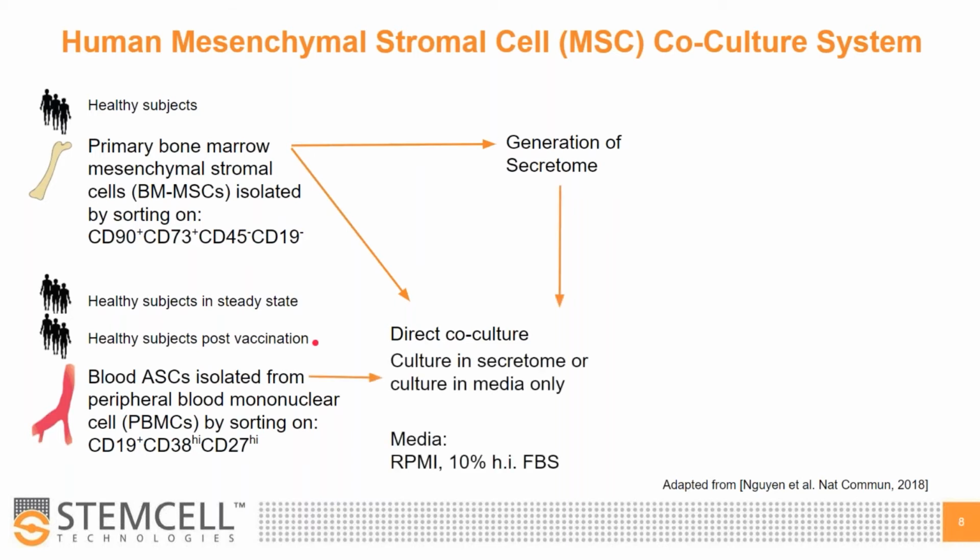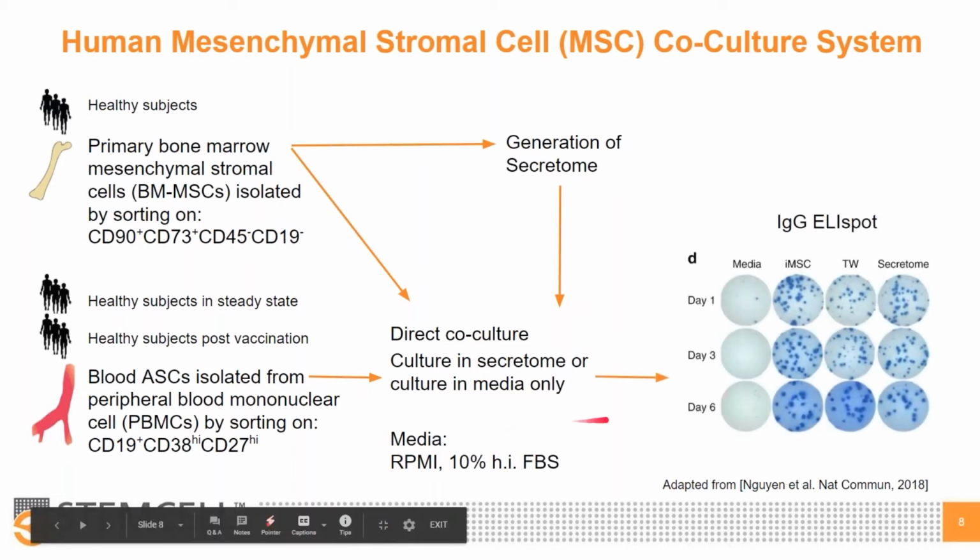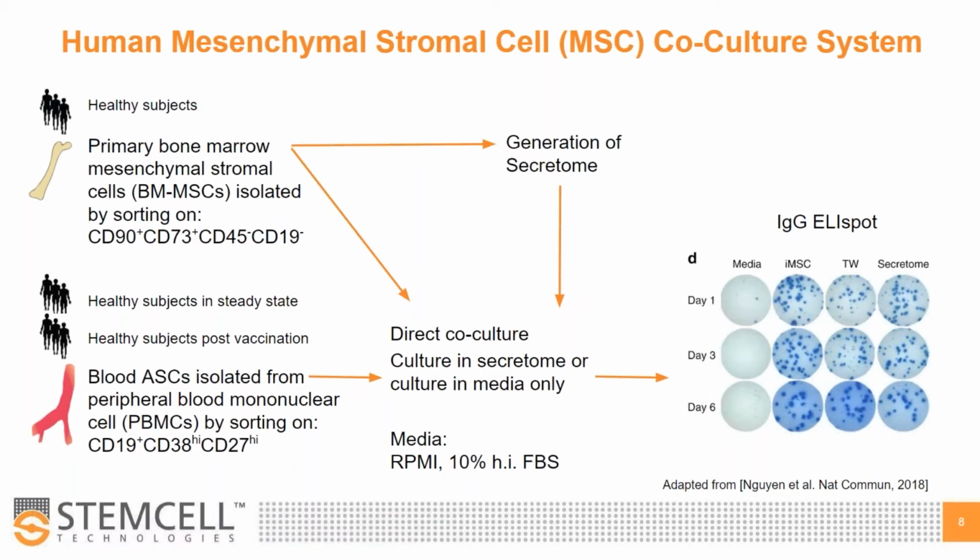From there, the ASCs are either directly co-cultured with the MSCs, cultured in the secretome generated from the MSCs, or cultured in the media only. The media that they use here is RPMI with 10% heat-inactivated FBS. These cultures are then assessed on different days in order to enumerate the number of live and antibody-secreting ASCs by the ELISpot assay.